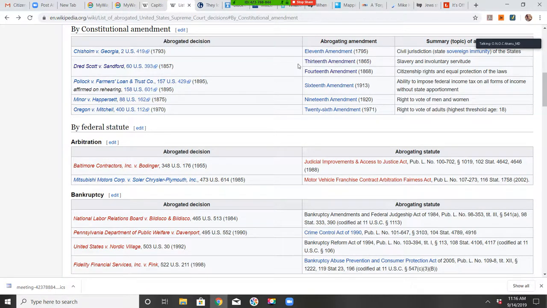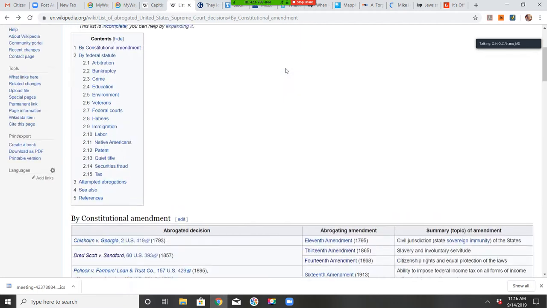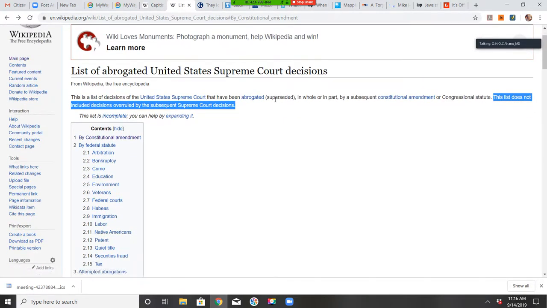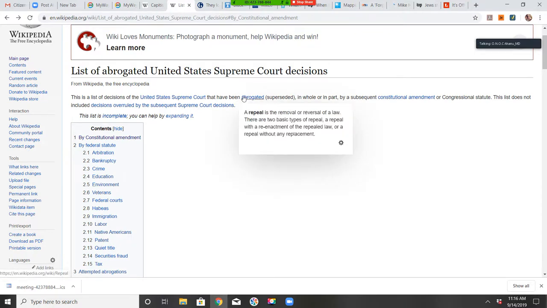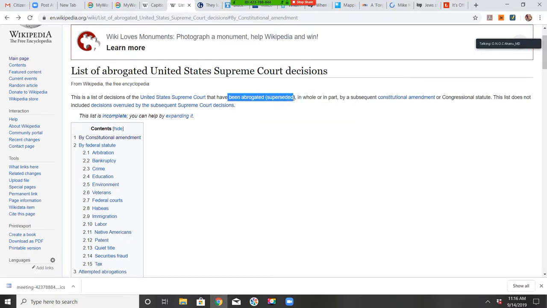Everybody with a law degree will tell you Dred Scott got overruled. False. It got abrogated or superseded in whole or in part. So we need to know, in whole or in part? And if it's in part, we need to know what part.